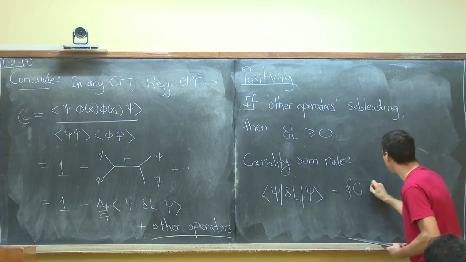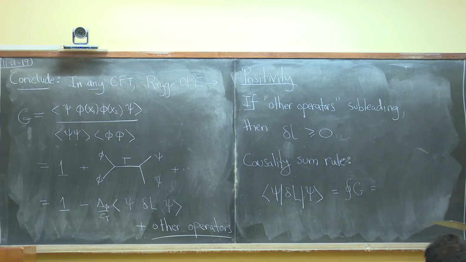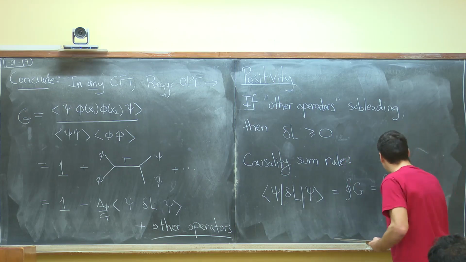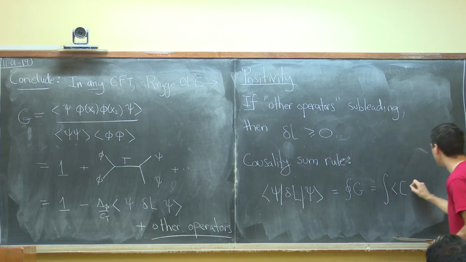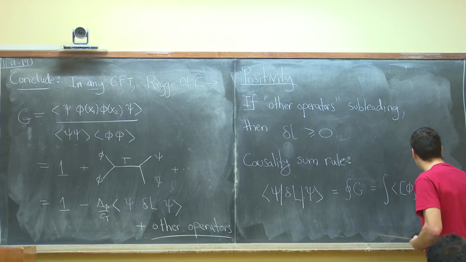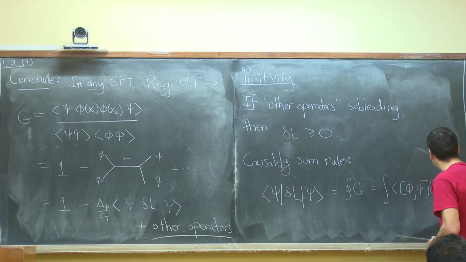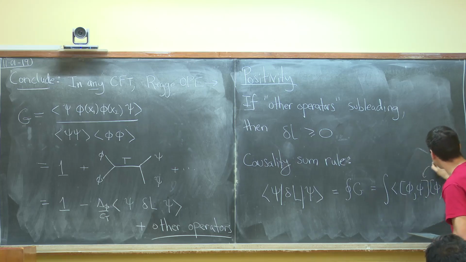And then you can do a manipulation of the contour to turn this into an integral of a double commutator, phi comma psi, phi comma psi. This is an object also known as the double discontinuity.